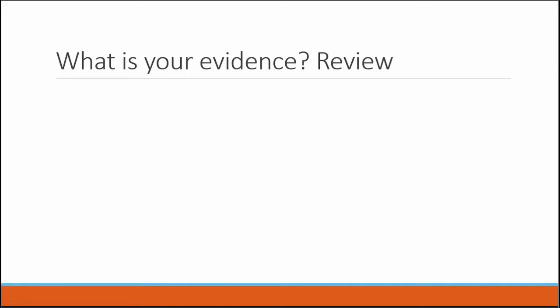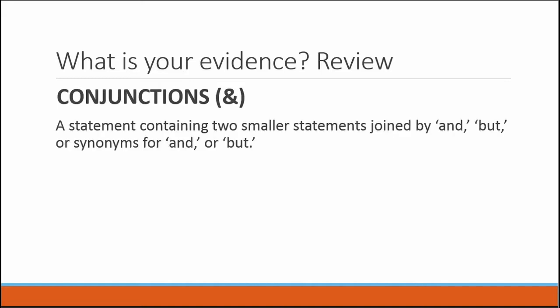The next form of statement that we have learned to symbolize is a conjunction. Conjunctions are statements containing two smaller statements joined together by the logical connecting words and or but, or any synonyms for and or but. We symbolize the logical words and or but with the ampersand symbol.